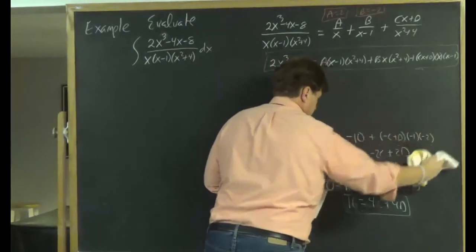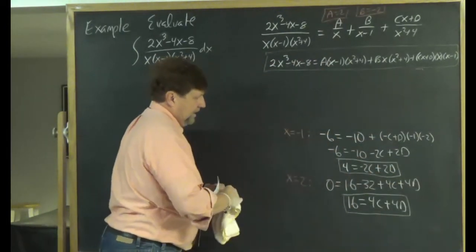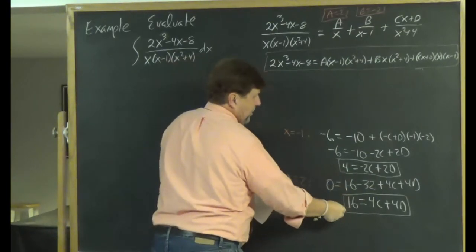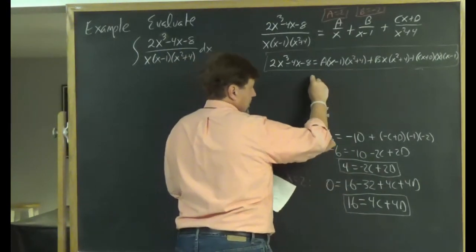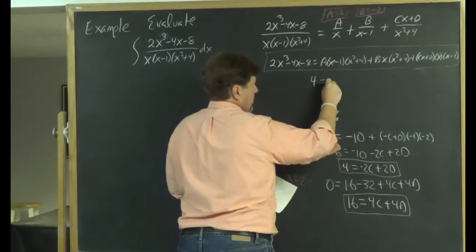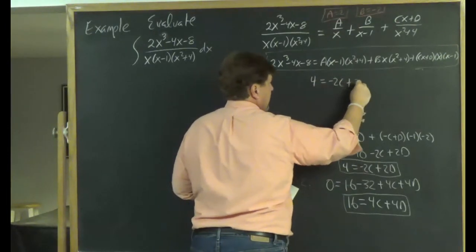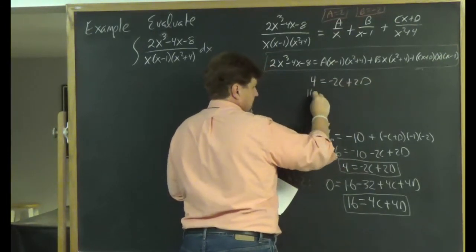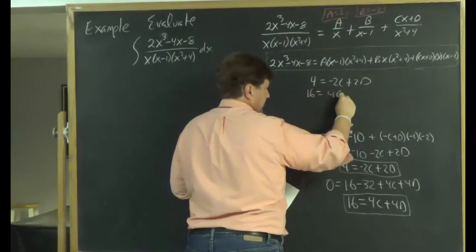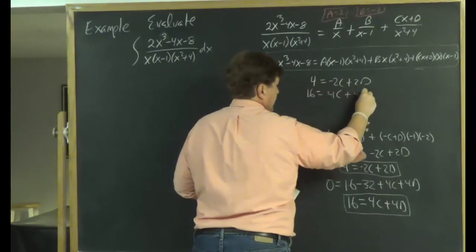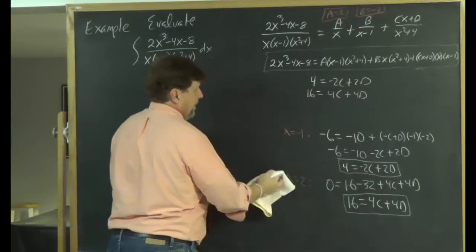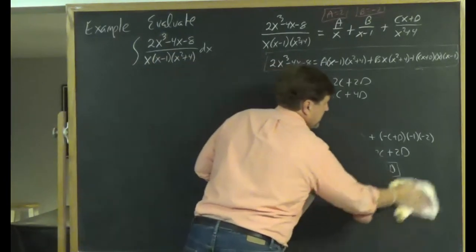Before I do too much erasing, let me write down my system of equations here: 4 equals negative 2c plus 2d, and 16 equals 4c plus 4d.